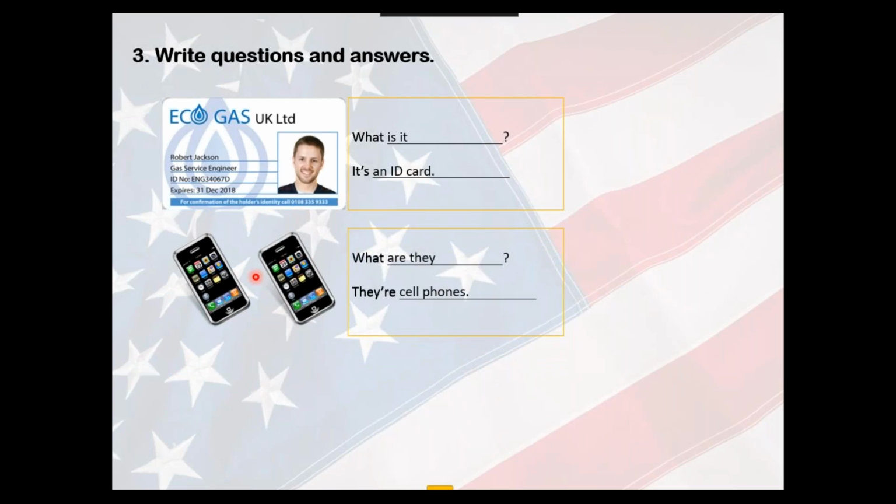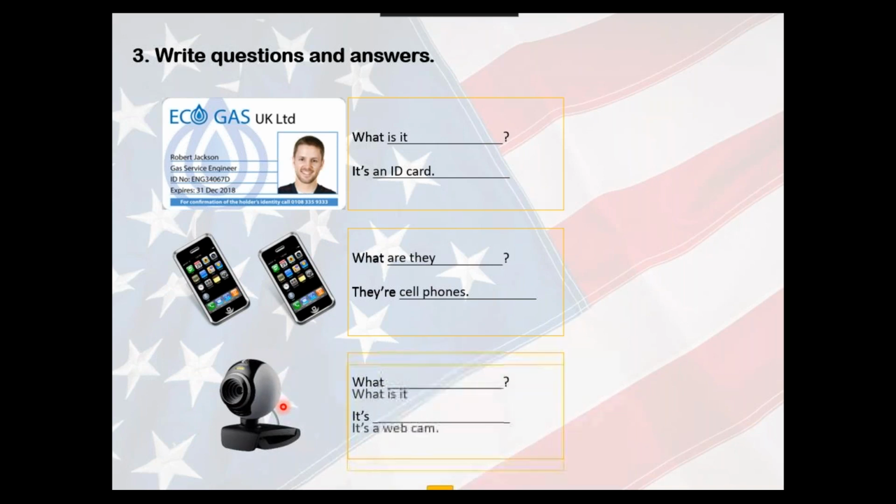What are they? The answer, they're cell phones. Remember, plural. The other, only one, singular. Similar, right? What is it? The answer, it's a webcam, no? Webcam. Consonant sound. So we use a. So here ID card has vowel sound. So we use an.